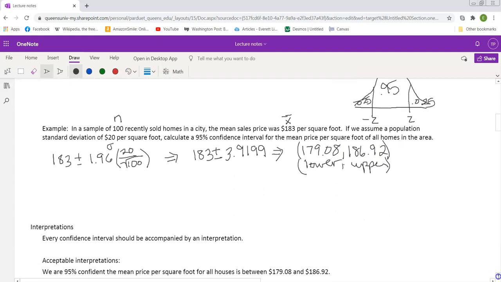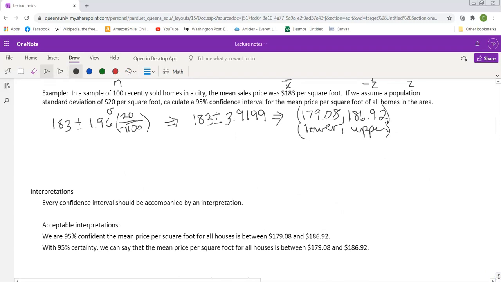Let's talk about interpretations, though. Every time you do a confidence interval, you should write a sentence of interpretation with it. Okay? I will count off if I ever see a confidence interval with no interpretation. So there's not a lot of leeway when it comes to that.